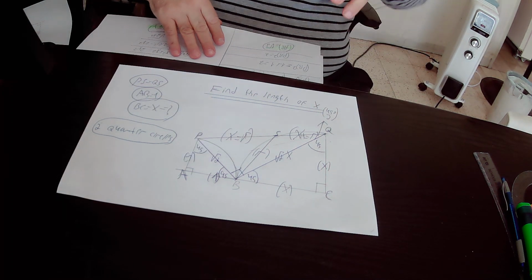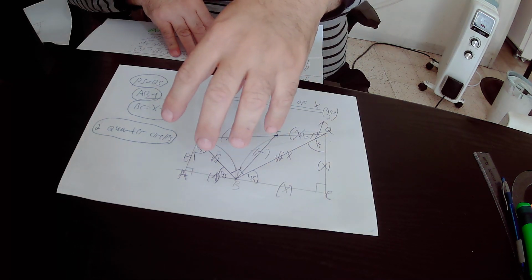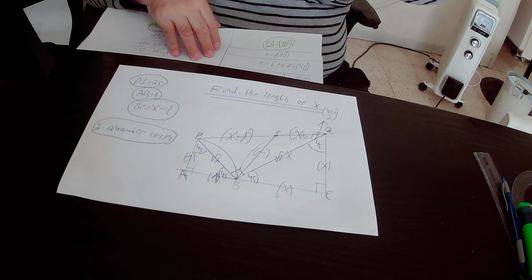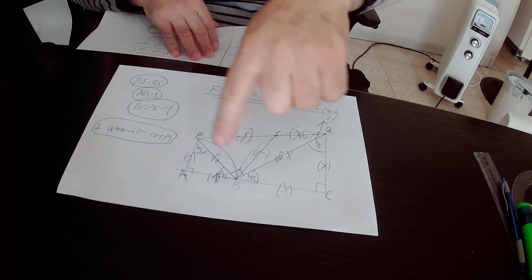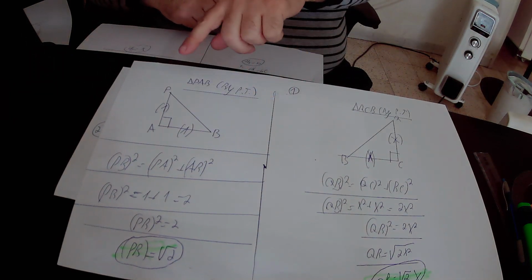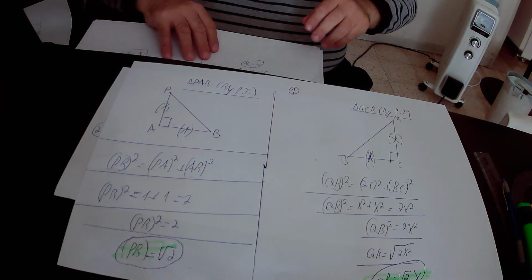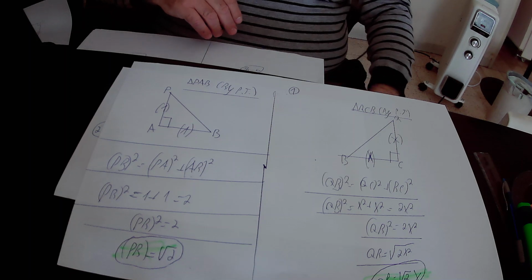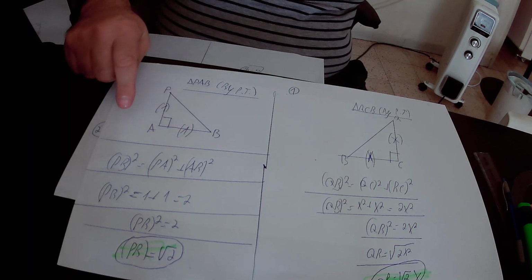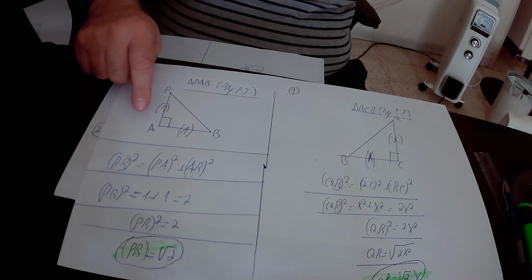So in the next step, I copied the right triangle PAB onto a new page and implemented the Pythagoras theorem in this right triangle PAB. In this right triangle PAB, PB squared equals PA squared plus AB squared.